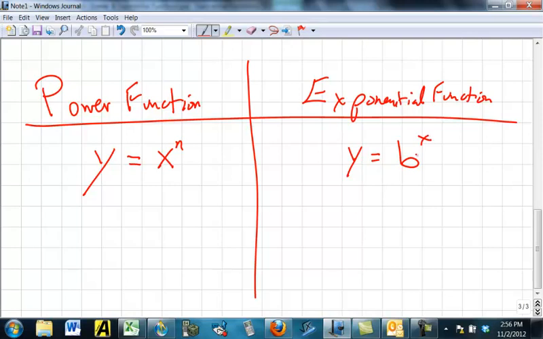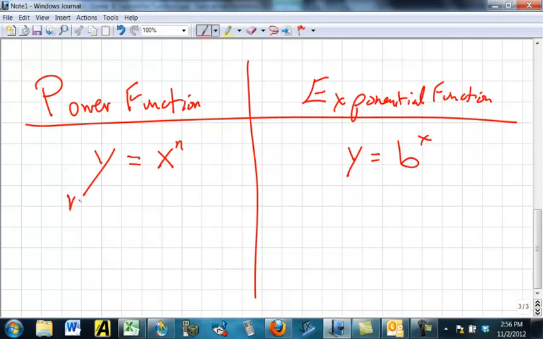Now notice these are both just a one-step thing. They both just have a base and an exponent. So in that case, they're very similar to each other. But we can also think of it as there's a difference, and the difference is what these letters stand for. X is the input in both cases, and x is the variable.